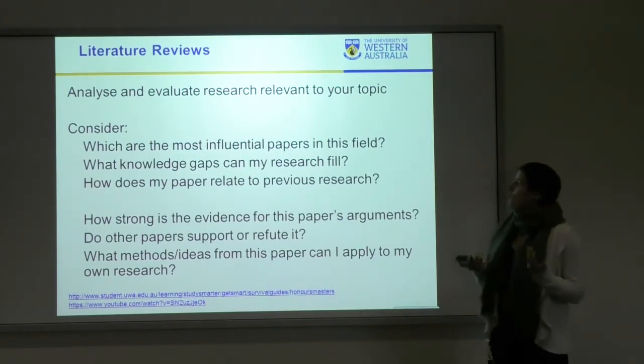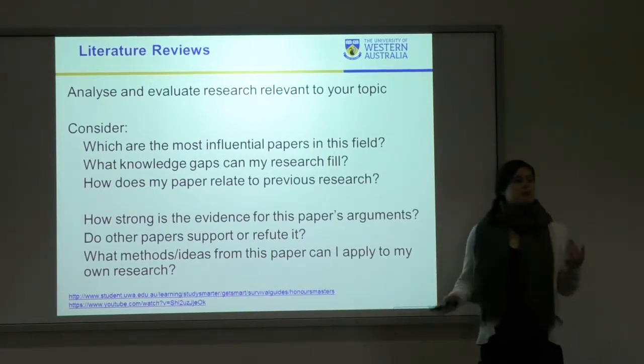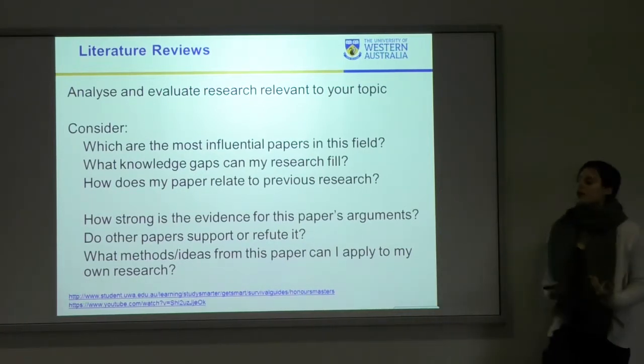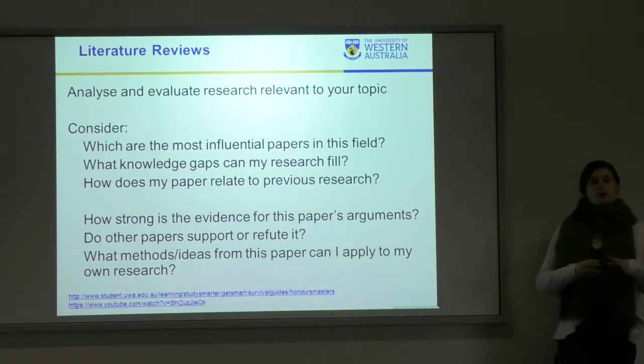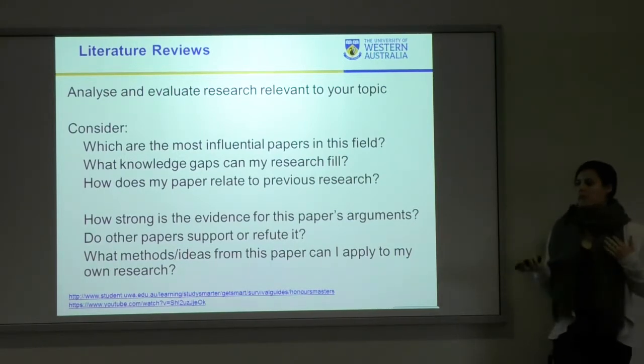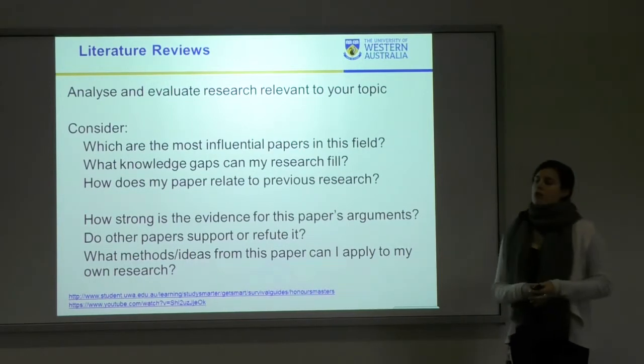So in terms of your own thesis, which papers support it and which papers refute it, and how much should you take into account the ones that refute it, depending on how reliable they are, things like that. So there's a lot to keep in mind while you're searching and while you're evaluating all the papers that you come across. And also, you might find that certain papers will give you ideas for methods or things you can do in your own research as well.